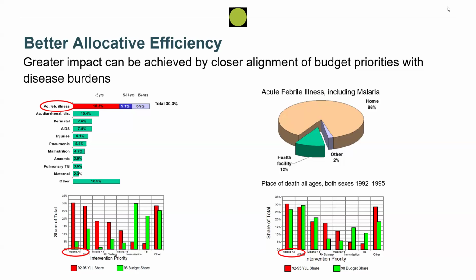And when they dug deeper, they realized that even adult populations were being infected with malaria, contrary to the common thinking that it's usually children who suffer from malaria. What that meant in terms of resource allocation was that in subsequent years, the government was able to allocate more resources to address malaria compared to what they saw right from the beginning.